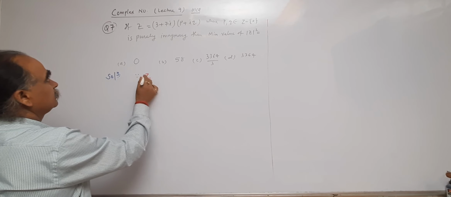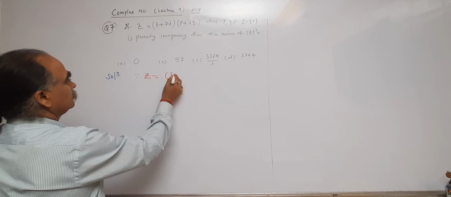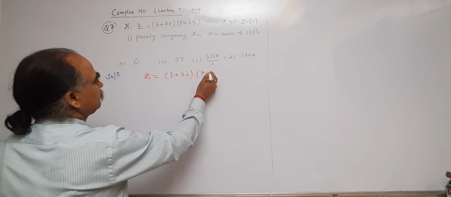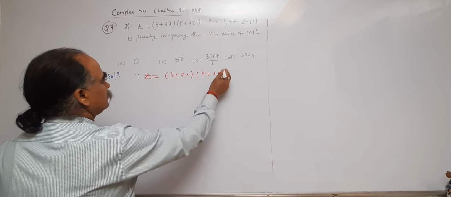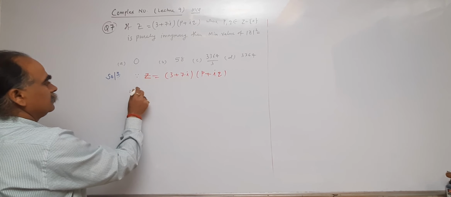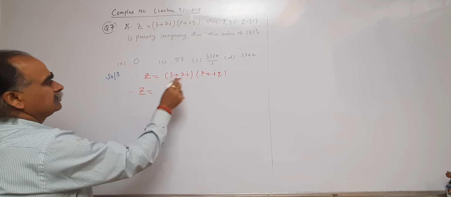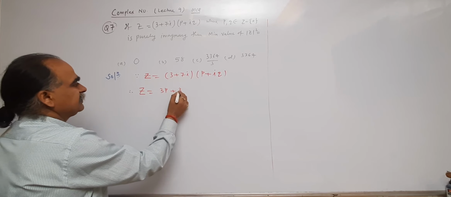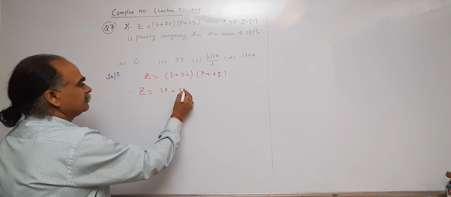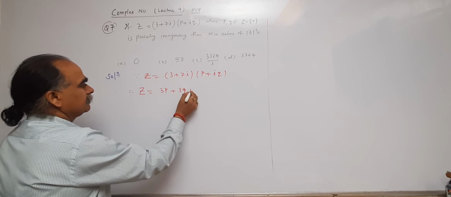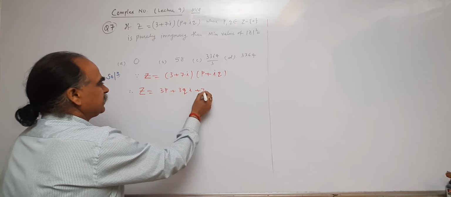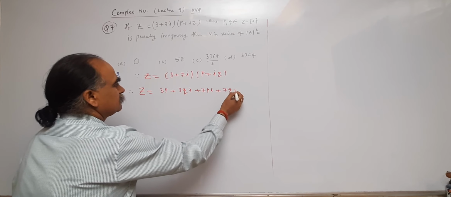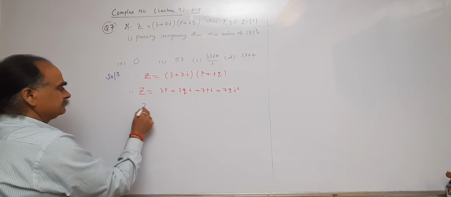Since z is (3 plus 7i) into (p plus iq), multiply them. Z will be 3p plus 3qi plus 7pi plus 7q i square.